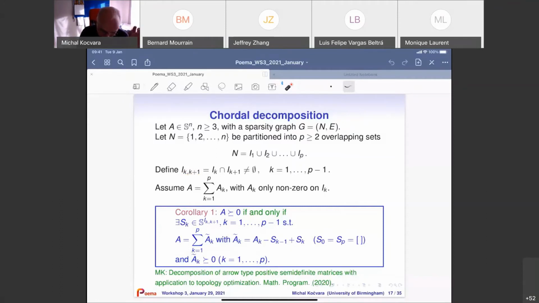So we have additional matrix variables, non-zero only on those overlapping sets. These additional variables guarantee that this matrix A tilde is a positive semidefinite matrix.